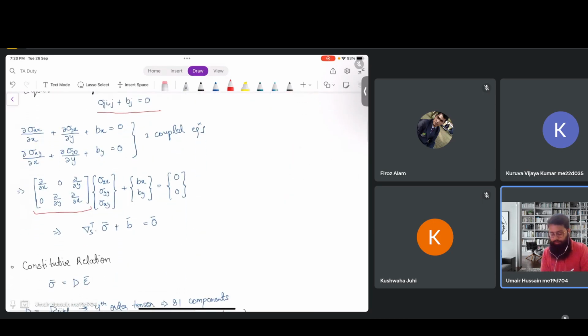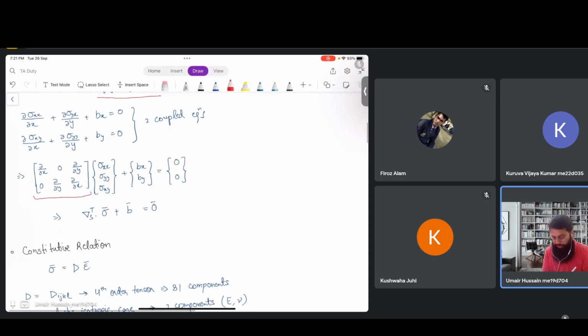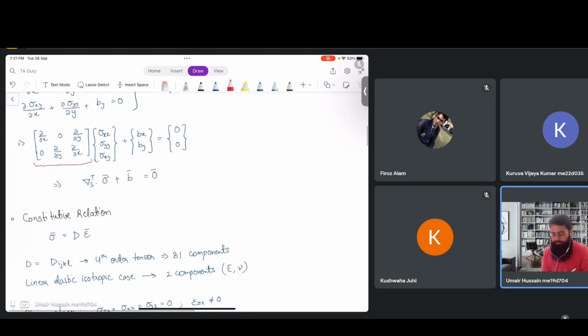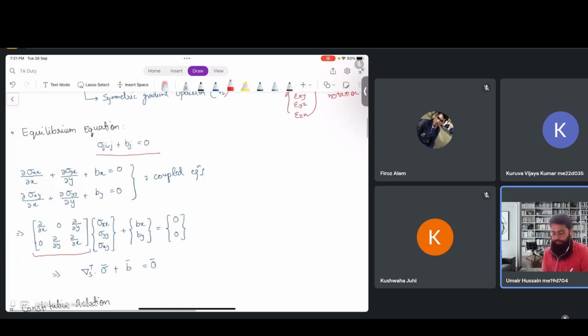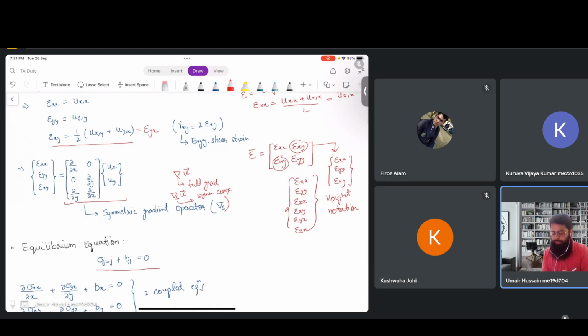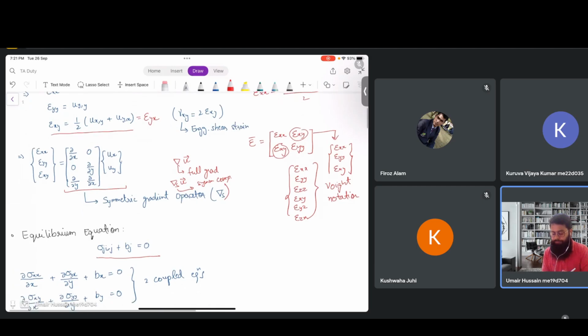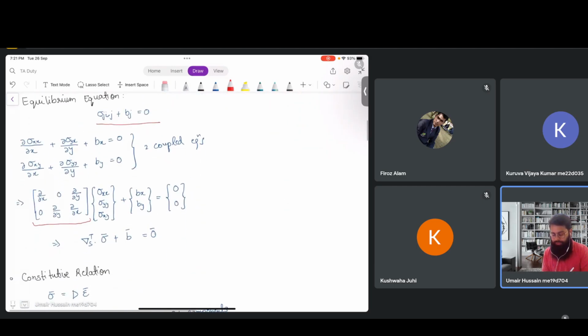So using the same operator, we can define our equilibrium equation or the governing equations. Now, we have developed equations for the stresses, two equations, and we earlier developed the relation between the displacement and the strains. Those were three equations, I guess.